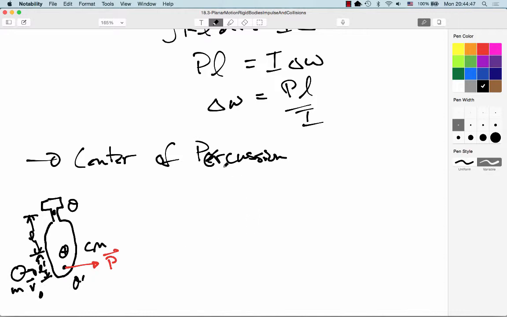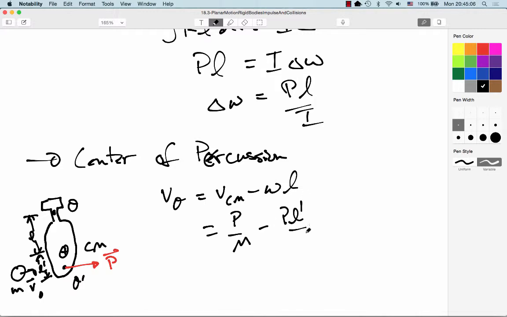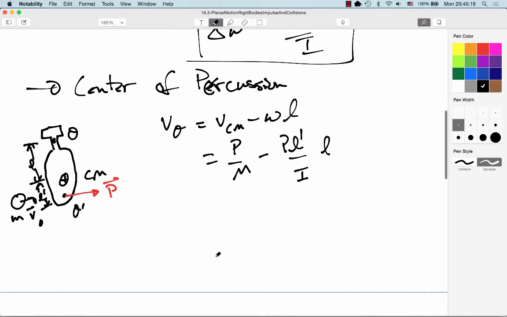Alrighty then. So we can say that the velocity about point O will be equal to the velocity of the center of mass minus omega L, how we rotate about the center of mass, right? And from the impulse momentum theorem, we can say this will be equal to P over M minus P L prime L over I. So we get that this velocity is equal to P times (1 over M minus L L prime over I).